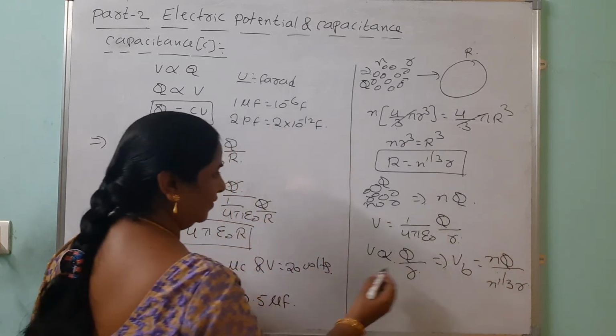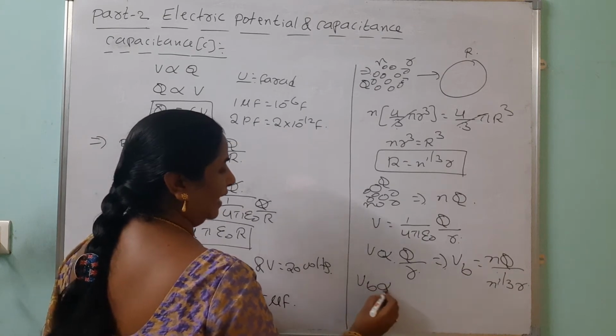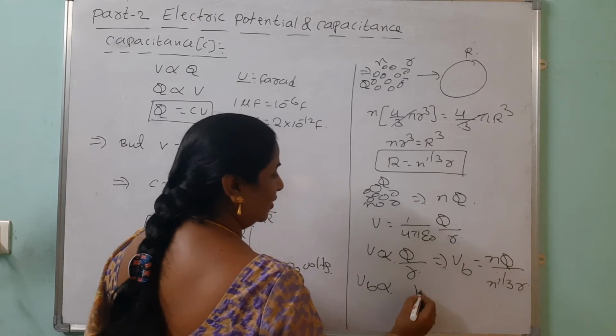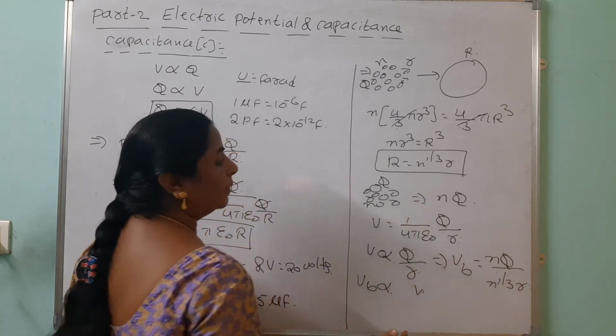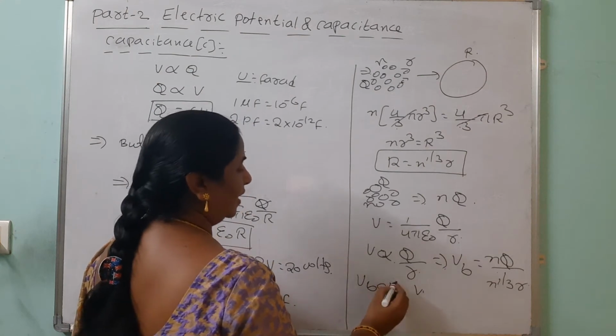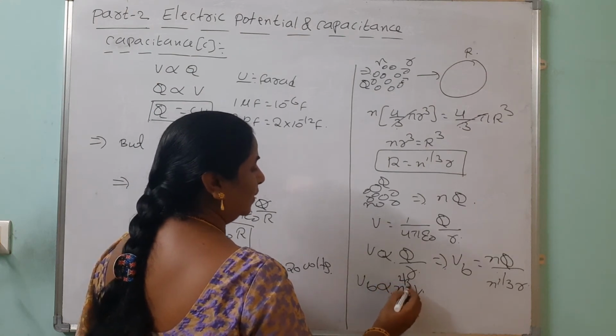Then after simplification, V of the big drop is directly proportional to, here Q by r we write as V only, of the small drop, n by n to the power of 1 by 3. 1 minus 1 by 3 is how much? 2 by 3, n to the power of 2 by 3.